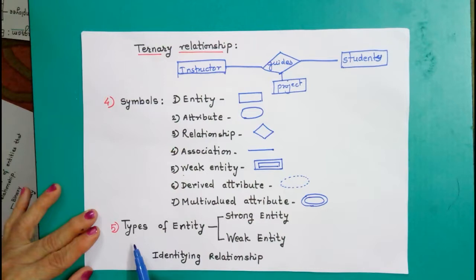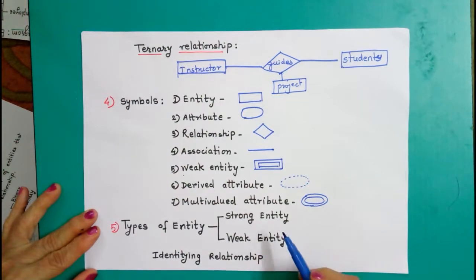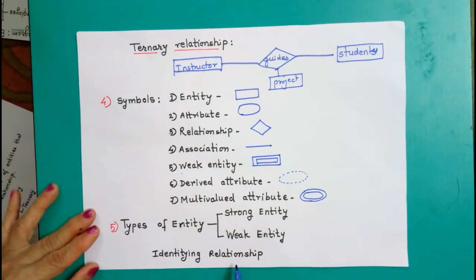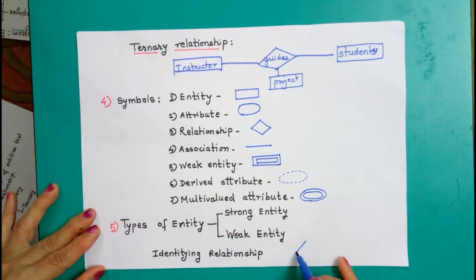Types of entities are strong entity and weak entity. And the strong entity and weak entity are associated with a relationship which is called identifying relationship. And identifying relationship is represented using double diamond.